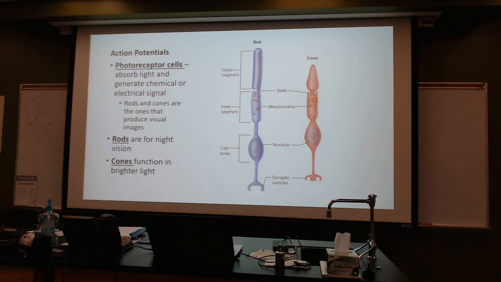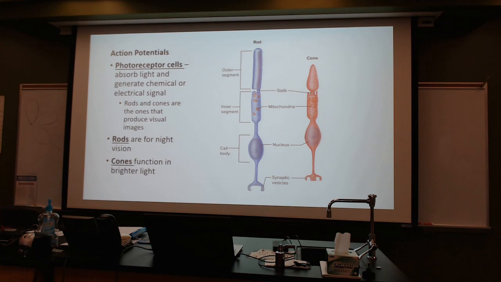And they have to take that energy and create the electrical and or chemical signal that the nerve fibers can understand. Rods and cones are the cells that give us images. They give us vision.